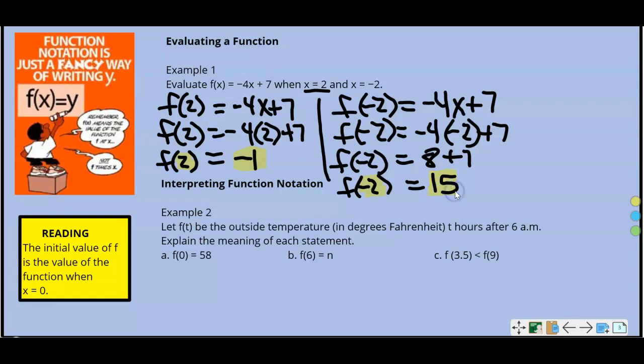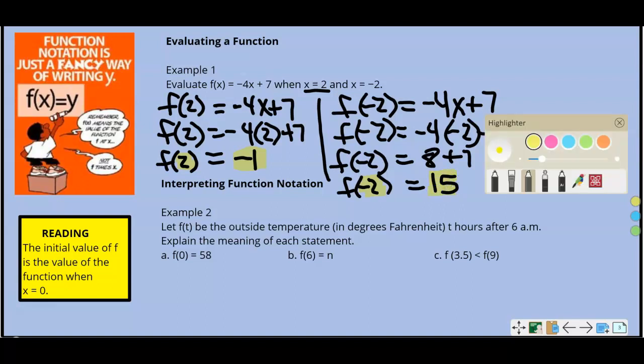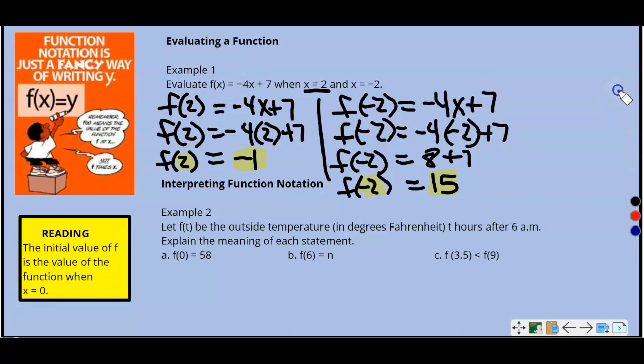So if I wanted to look at these as ordered pairs, the first would be (2, negative 1), and the second one would be (negative 2, 15). And if you plug those in and check them, you would see that these two ordered pairs are solutions to that equation.